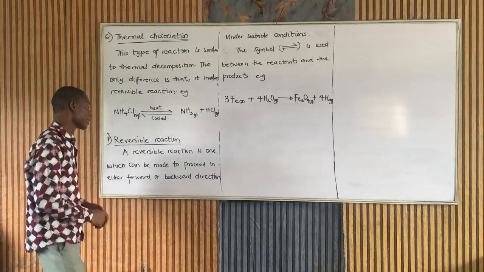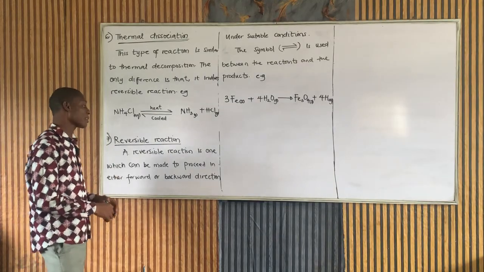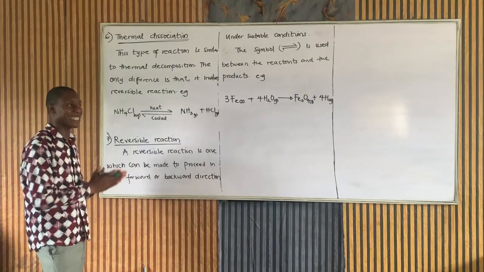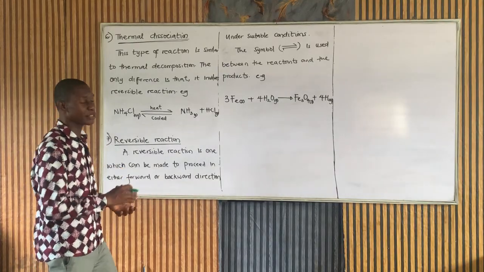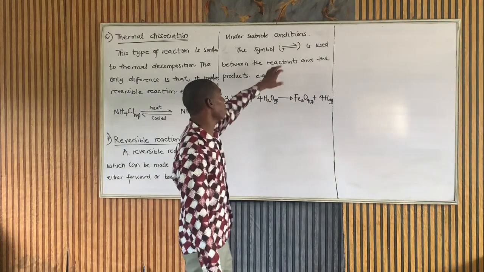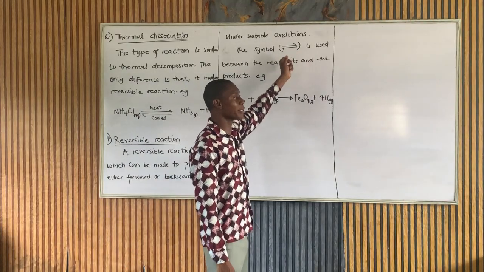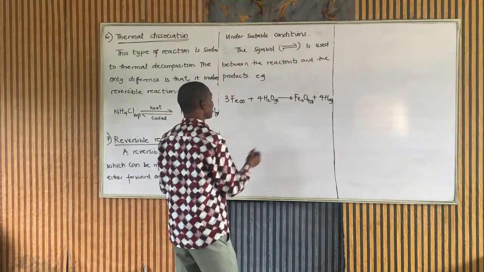So what then is a reversible reaction, which is the 7th one? A reversible reaction is one which can be made to proceed in either forward or backward direction under stable condition. And this symbol here, a forward arrow and a backward arrow, is what is used. For instance, look at this now.